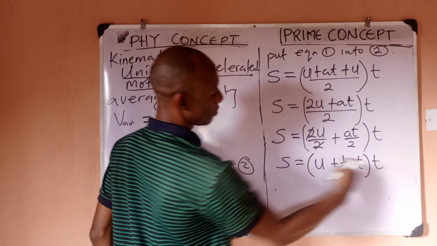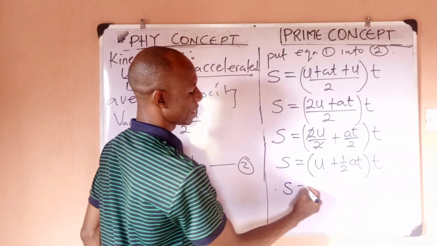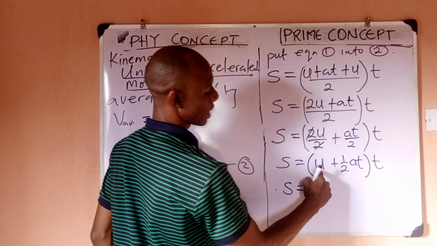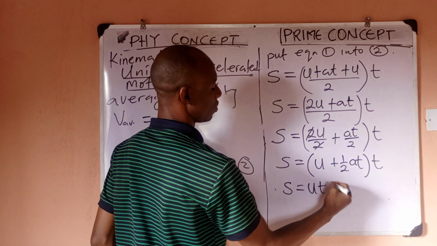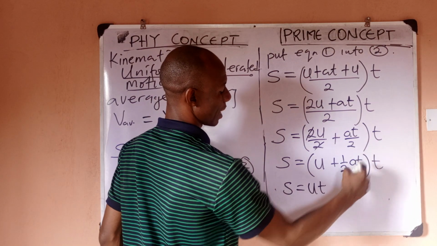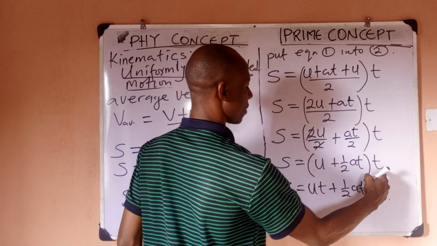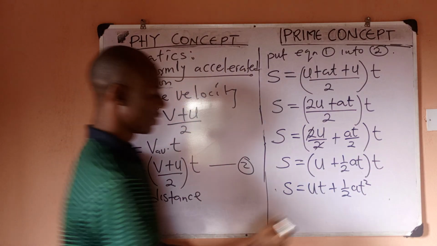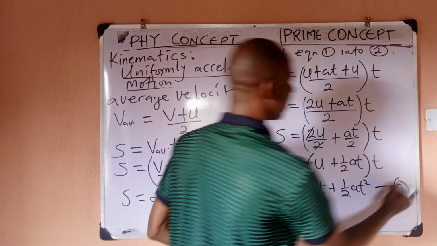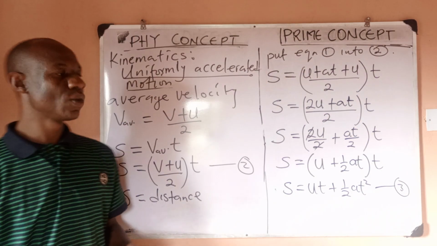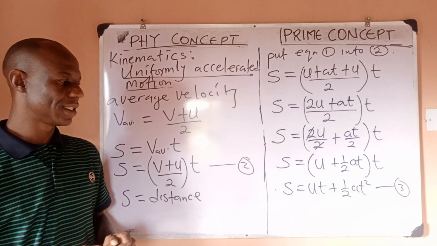If I use this time to expand what I have here, I have that s is equal to time times u is ut, then time times time here is going to be plus half at squared, because t times t is t squared. So this is our equation what? 3. This is the third equation that we would be needing.